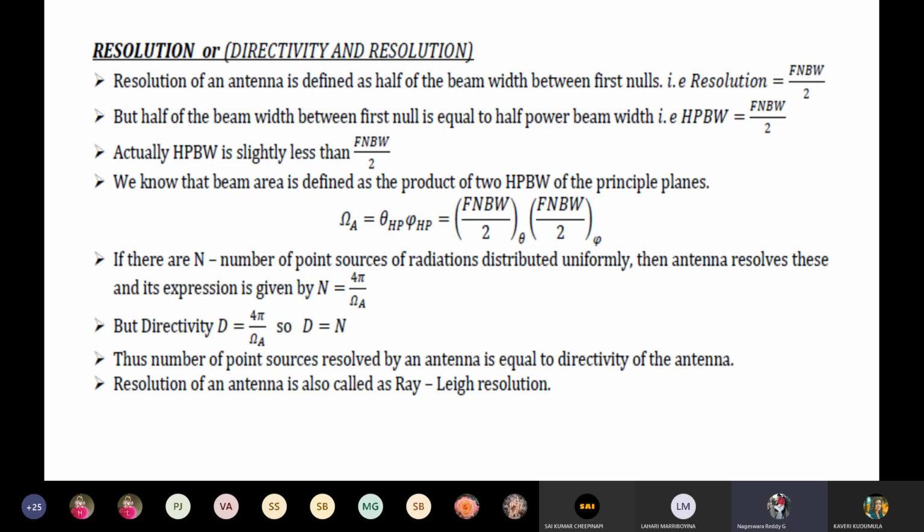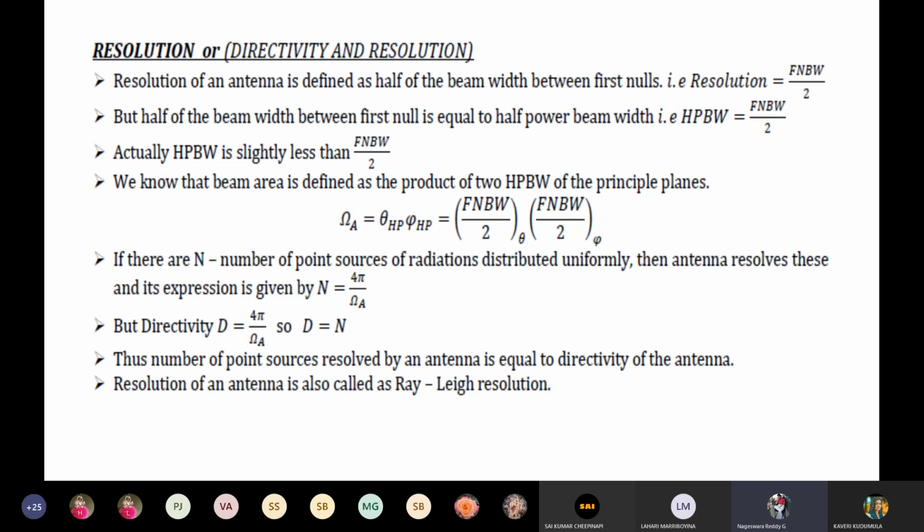If there are N number of point sources of radiation distributed uniformly, then the antenna resolves these, and its expression is given by N is equal to 4 pi by beam area. But directivity D is also equal to 4 pi by beam area. So what is N in the above equation?